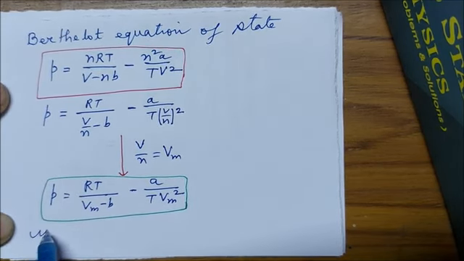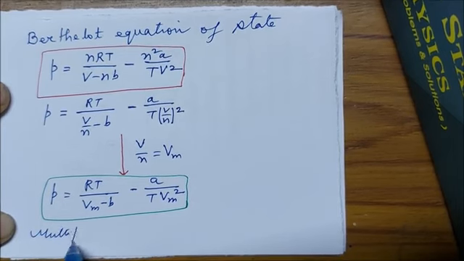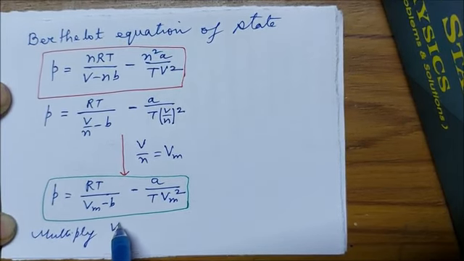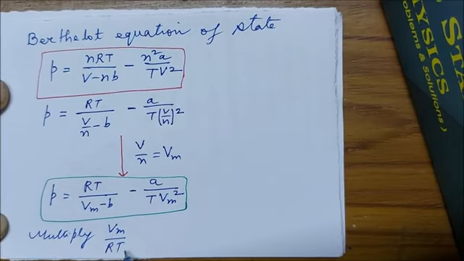multiplying the entire equation by Vm by RT, as a result of which the left hand side of this Berthelot equation of state will become PVm by RT, which is nothing but compressibility factor.